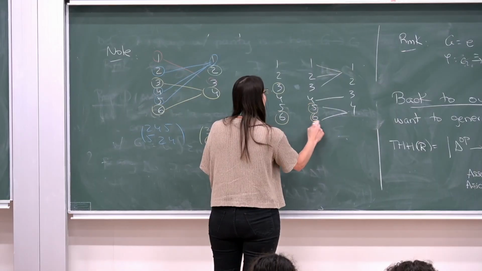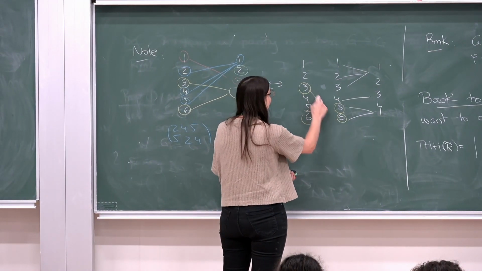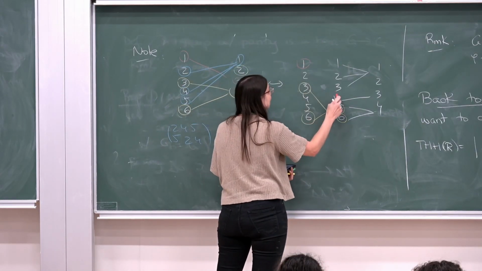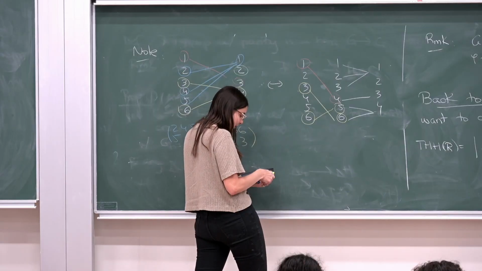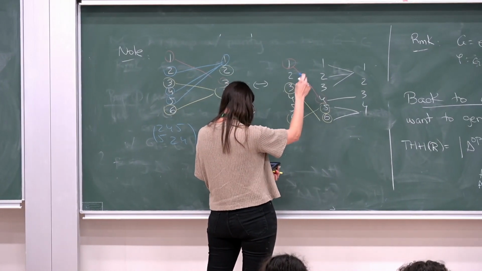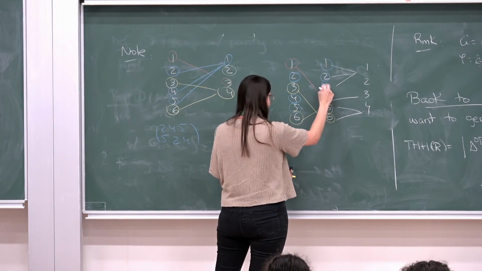So I have 3 and 6 need to go to 4, but now I'm told to swap these. And 1 goes to 4. Okay, so there's only one thing there. And then in the blue, I have 2, 4, 5. These need to go to 1, 2, 3.